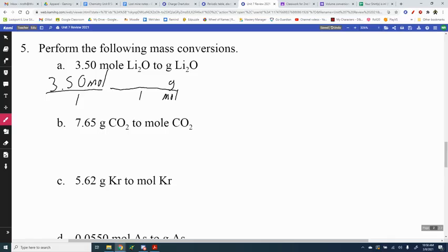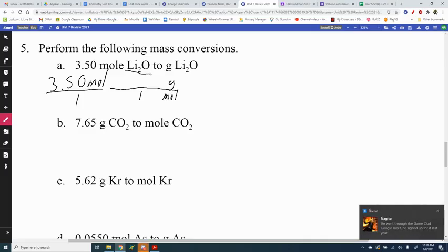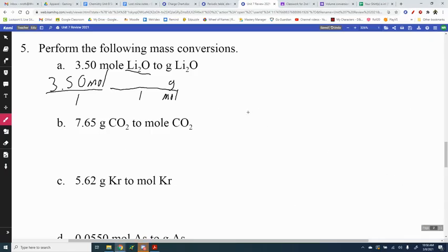Now, what goes next to grams? Well, the thing that goes next to grams changes every time. Okay, so whatever the molar mass of LiO2 goes next to grams.